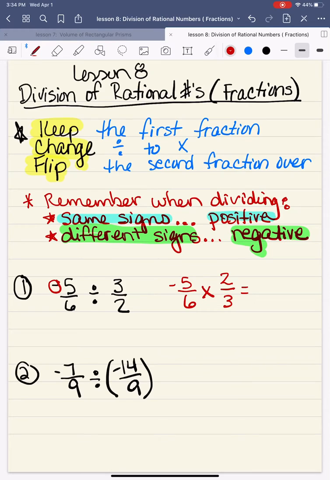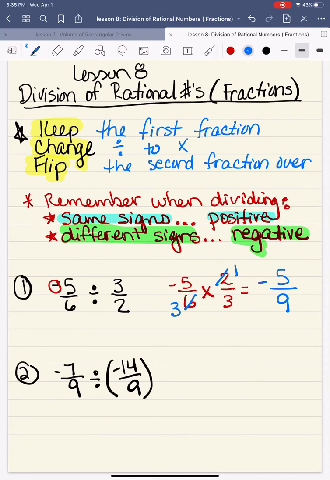The signs here are different, so it will be negative, and I'm going to go ahead and put that on there. I'm going to look for ways to simplify. So 2 and 6 share a common factor, so I'm going to divide those both by 2. 2 divided by 2 is 1, 6 divided by 2 is 3, and then multiply numerators together. So 5 times 1 is 5, 3 times 3 is 9.